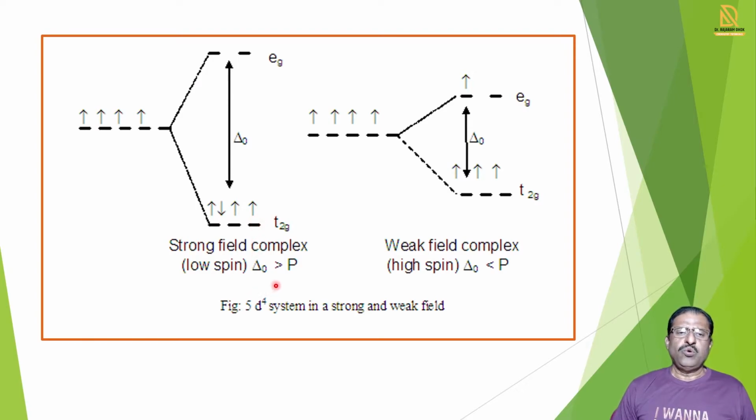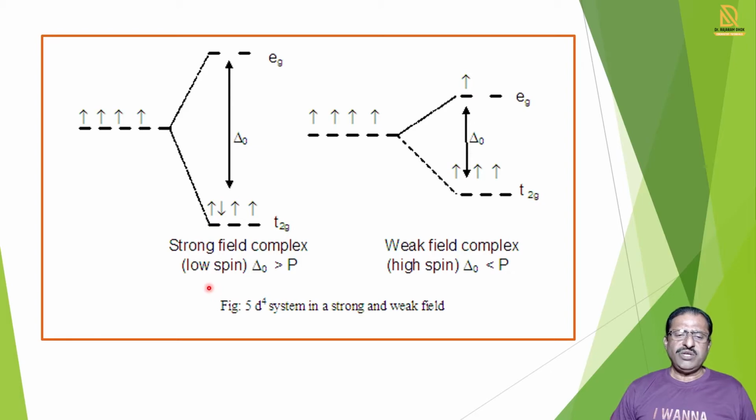But where does the fourth electron fill? The filling of the fourth electron is important, and it depends upon the nature of the field, meaning whether the complex is a strong field complex or a weak field complex.